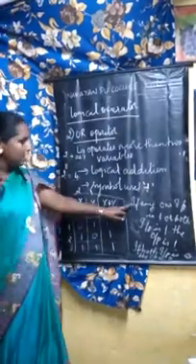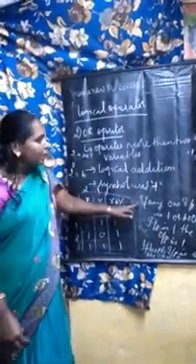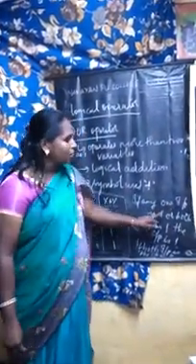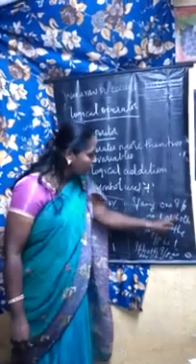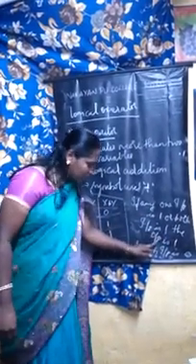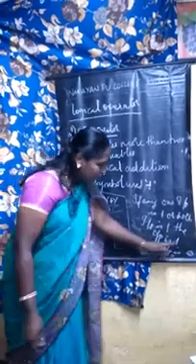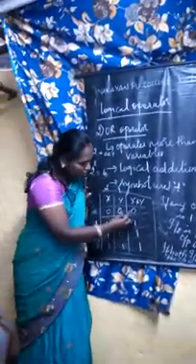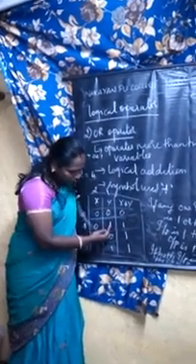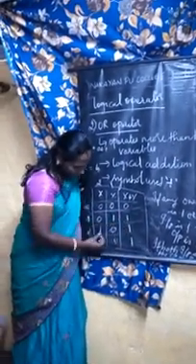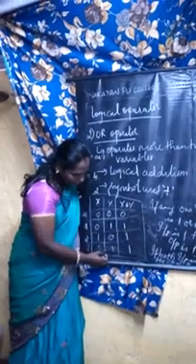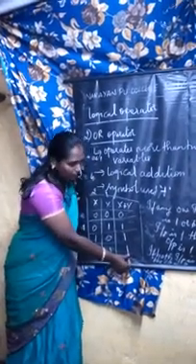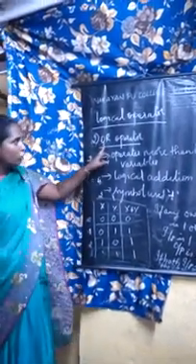Once again, in your OR operator, if any one input is 1 or both the inputs are 1, the output is 1. If both the inputs are 0, the output is 0. That's what it tells. Here both inputs are 0, the output is 0. Here any one input is 1, so the output is 1. Here it is 1, 1: if both inputs are 1, the output is 1. So this is about your OR operator.